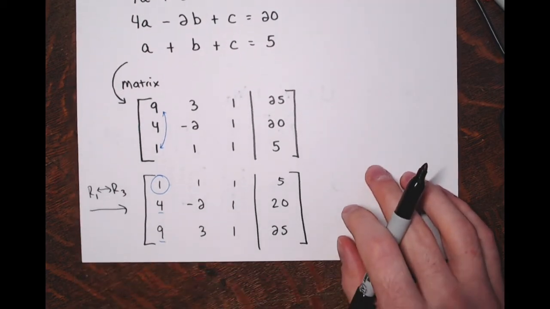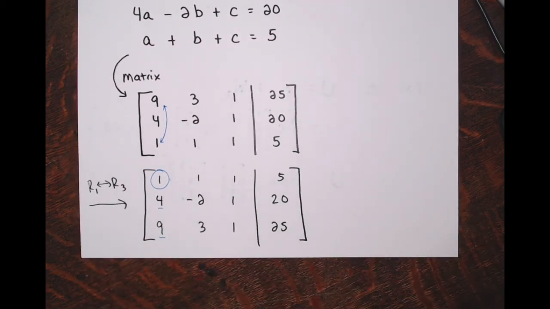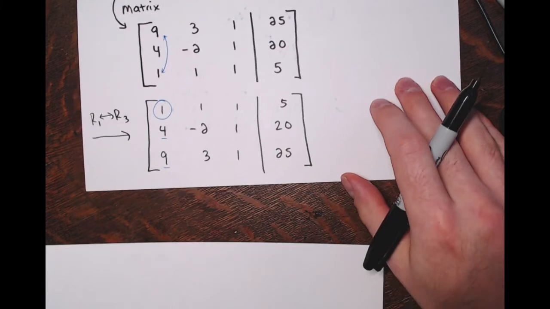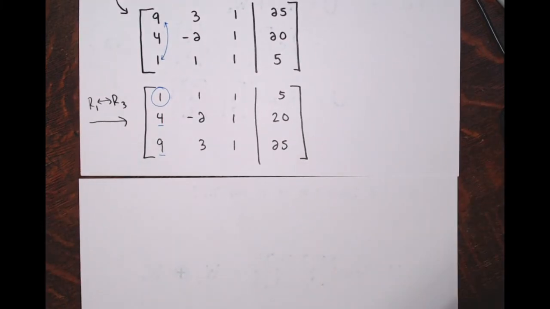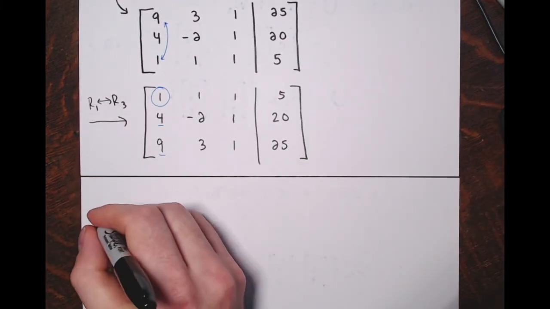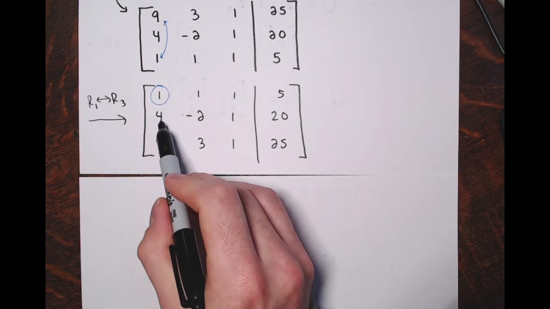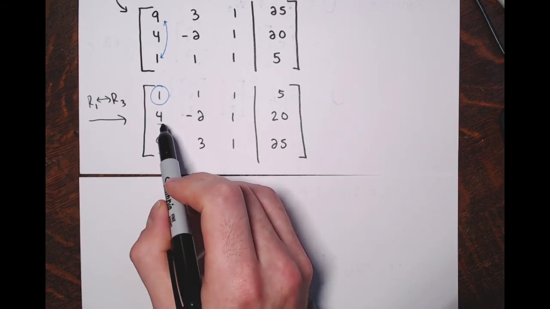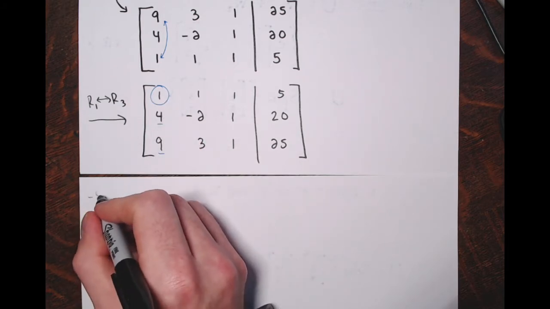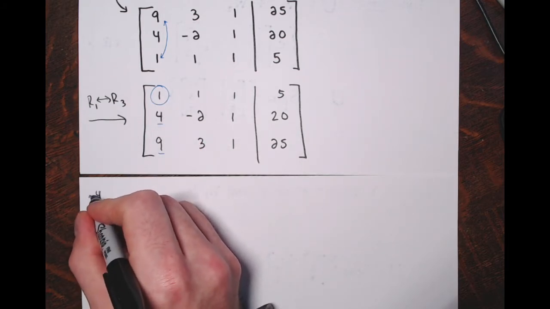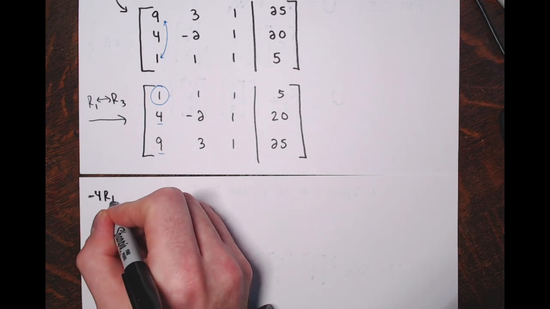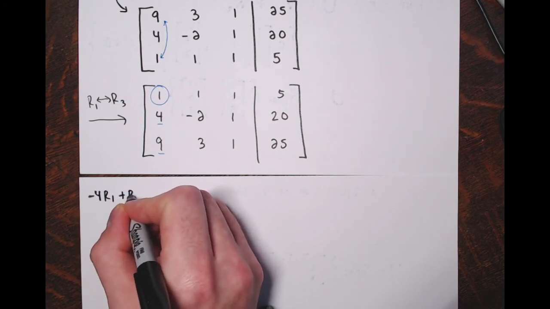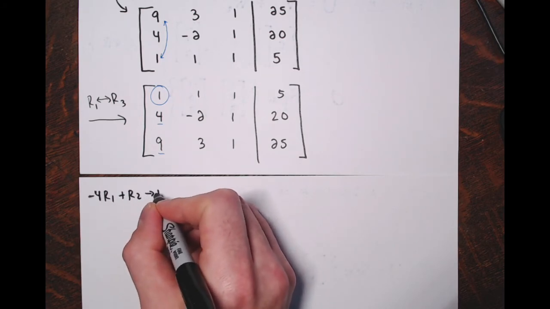I'm going to do these both at the same time in the same step instead of one step at a time like in the previous example. To zero out the 4, I would multiply by -4 times row 1 and add it to row 2, creating a new row 2.